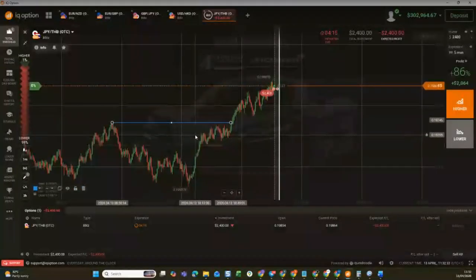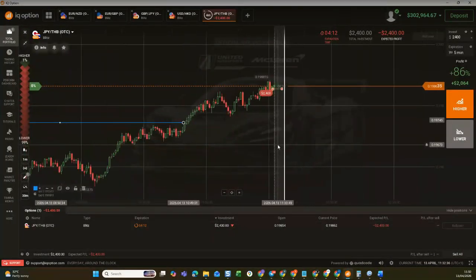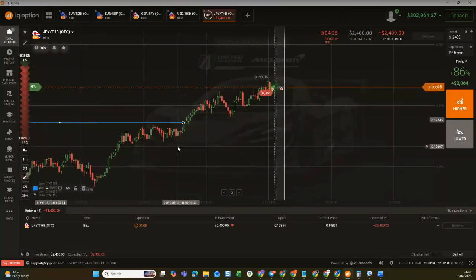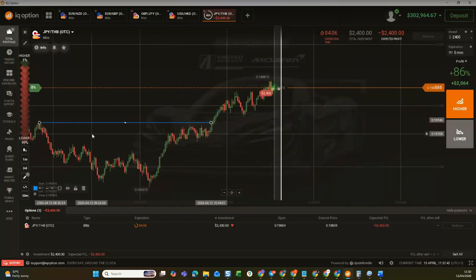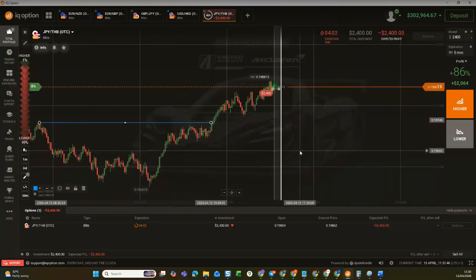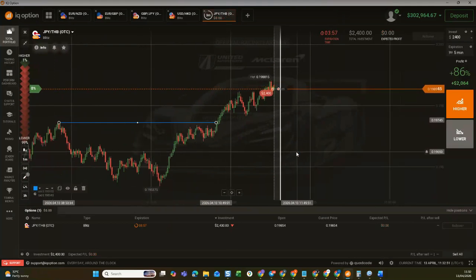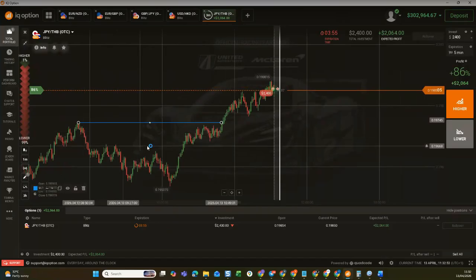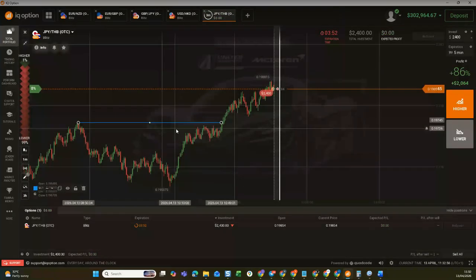Now, when I said level, when I said an area, I never said a line. I only drew a line. But an area is the perfect word because there is no particular spot you can say, yes, this thing would react from. Now look at this. By the time it got here, it could have blown past it. But what did it do? It reacted. So imagine you sold from here, you would have won.